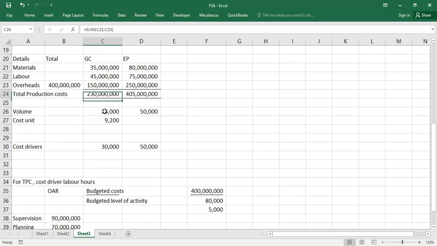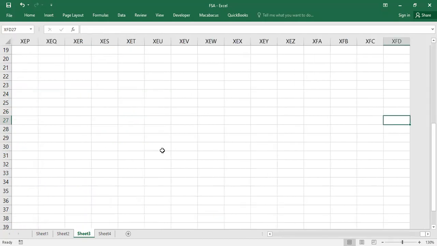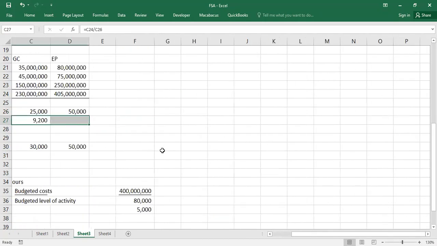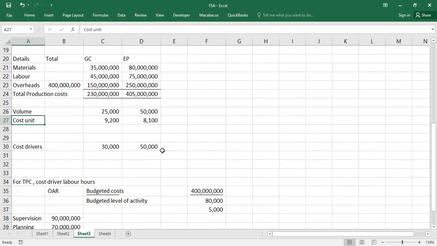So for GC, the total was 230 million divided by the number of units that it produced, which is 25,000, to give you 9,200 as the cost per unit. So unless you have any questions, that's how we determine cost per unit under TPC. Okay, I've used a shortcut, but it's supposed to be longer than that.